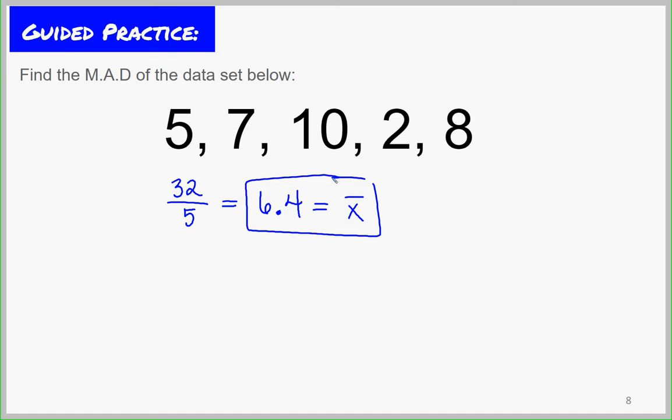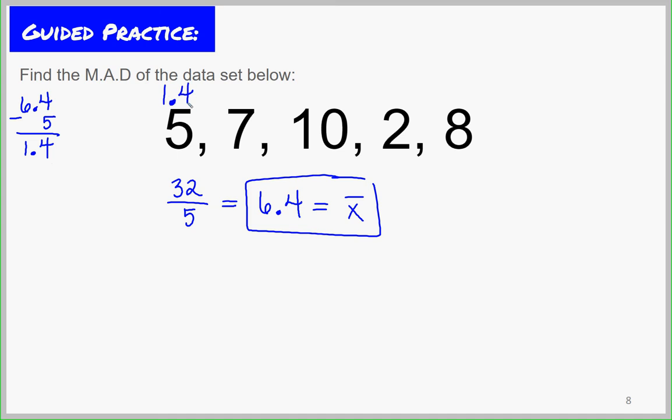We subtract and take the absolute value. So when we do this one, how far away is 5 from 6.4? 6.4 minus 5 is 1.4. So that's going to be this distance here, 1.4.